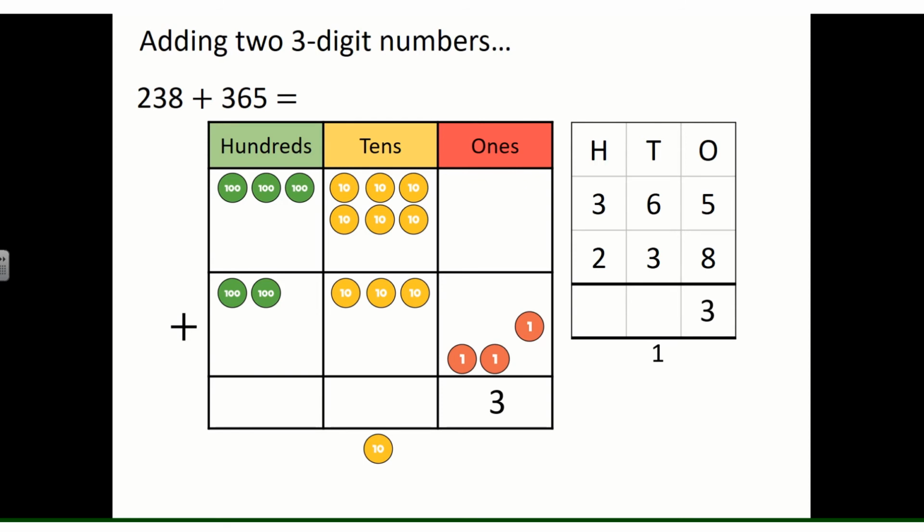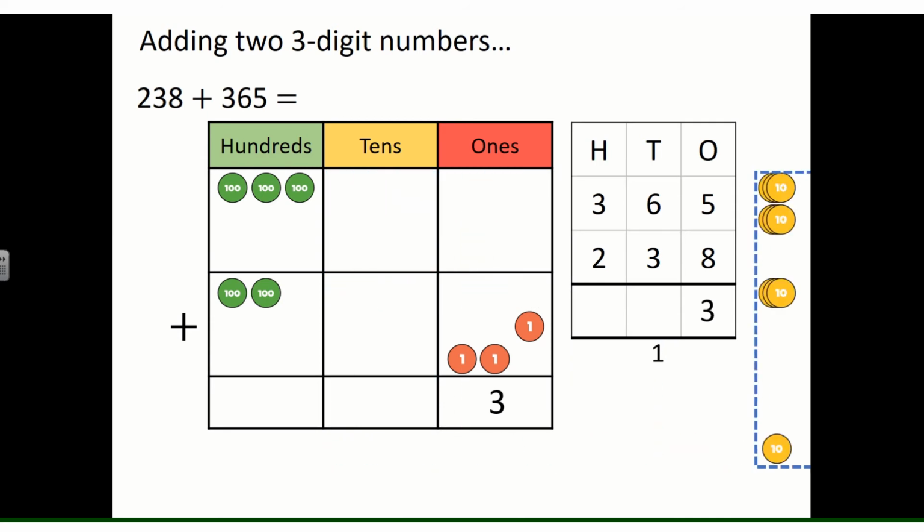I can't have all 10 tens in that tens column, so I'm going to exchange all 10 tens for 100. And I'm going to represent this by placing my 100 underneath the hundreds column. That means now I have no tens left in my tens column.